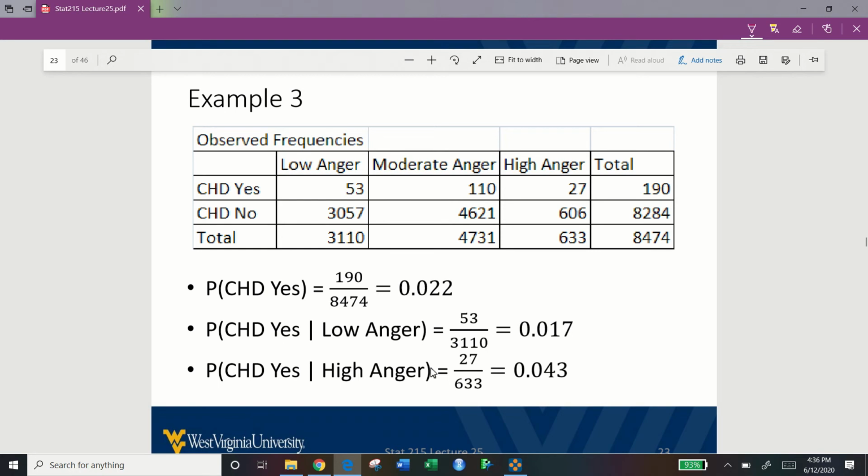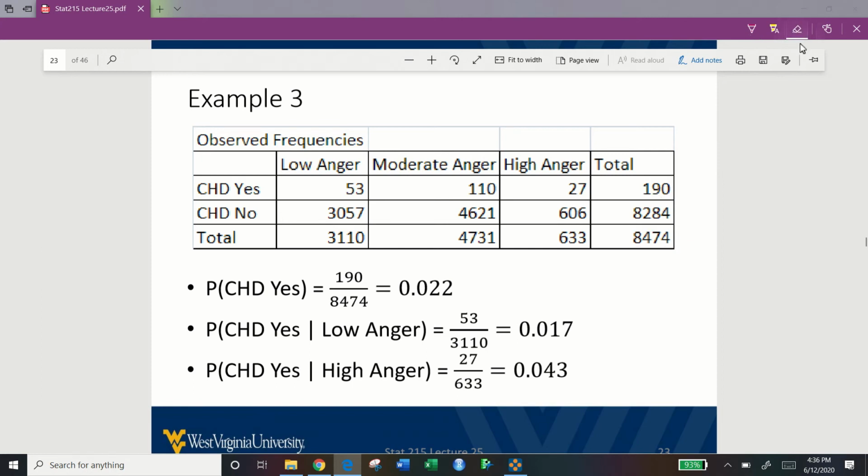So for example, the probability that we had a CHD of yes, meaning they had heart disease, we would take the total of the number of patients who had heart disease over the grand total. That would give us a probability of 0.022.